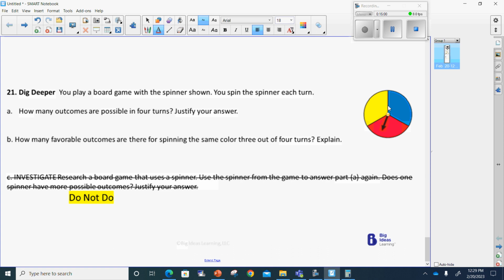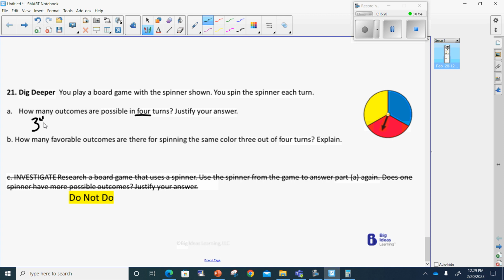Wow, 4 turns. So we're taking 3 possible outcomes, right? And I'm thinking we're going to have that to a power of 5. And so I would put 3 to the 5th. Oh, I'm sorry. It's not 5. It's actually 4, isn't it? So that'd be 3 to the 4th power.